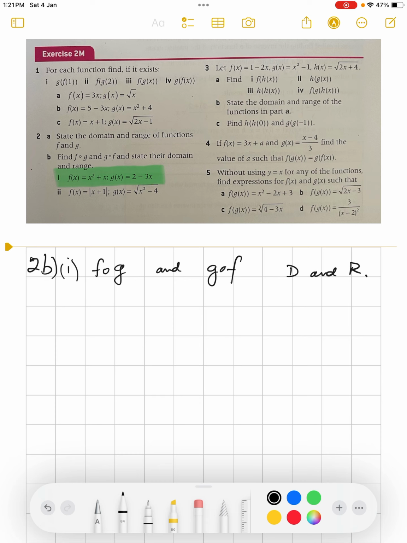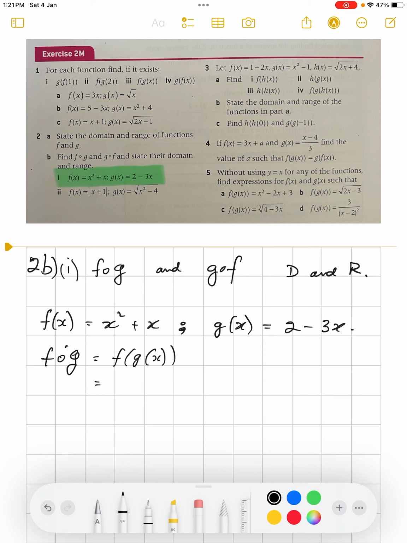So part 1 says f of x is x squared plus x, and g of x is 2 minus 3x. So let's first find f of g. Now f of g is the same as f of g of x.